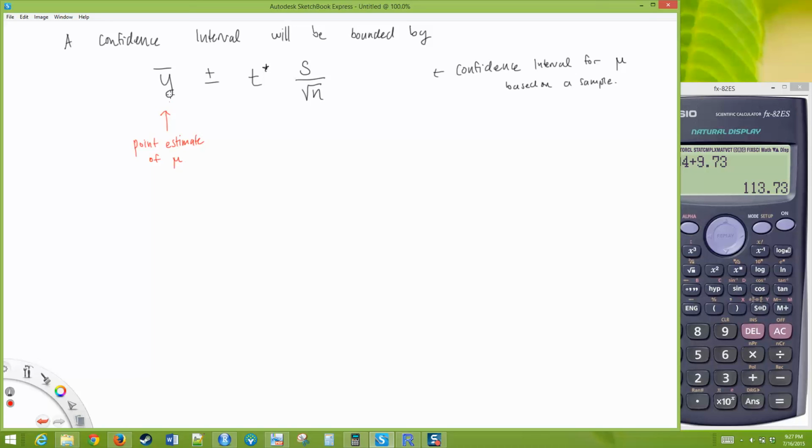So when we take a sample and we calculate the sample mean, that sample mean kind of serves as a rough estimate of what the population mean is. Okay, we took a sample and we got the sample mean as 104. It's kind of a rough estimate for what the population mean is.